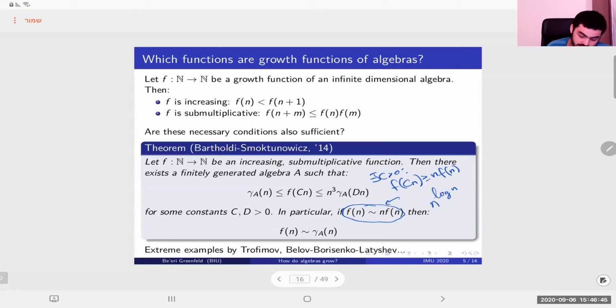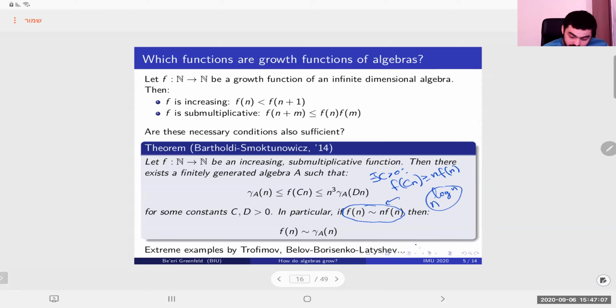And I want to mention just in one sentence that there have been interesting examples and exotic constructions by Trofimov, Belov-Borisenko, Latyshev, and others who produced examples of oscillating growth functions.